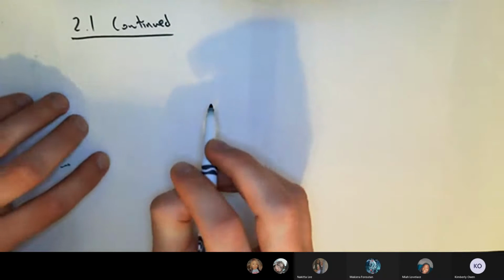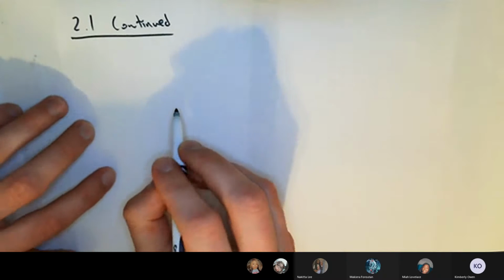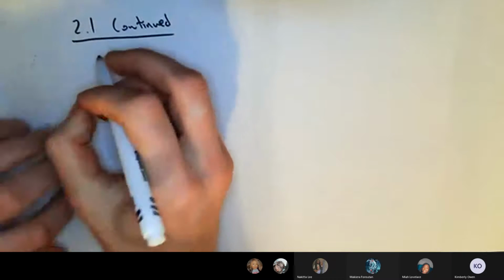So I think we talked about that enough last time. I said it about 5 different ways. So let's just pick up right where we left off, talking about domains of these two functions.